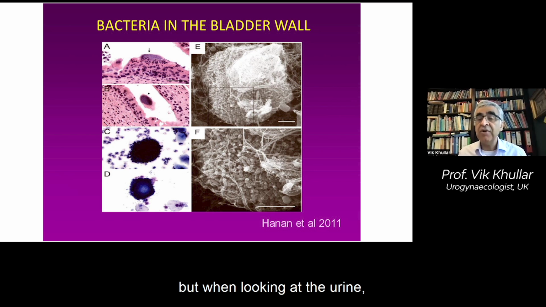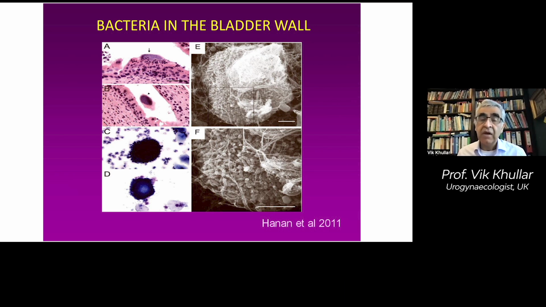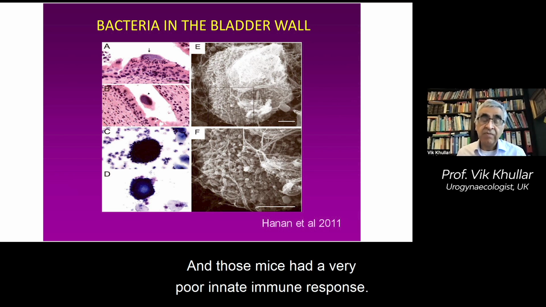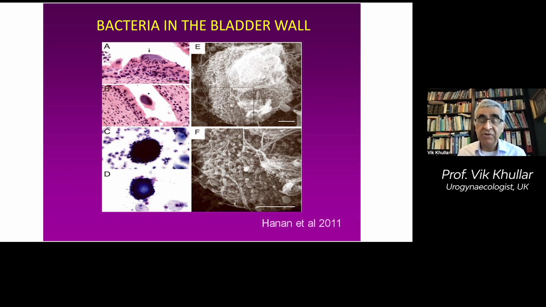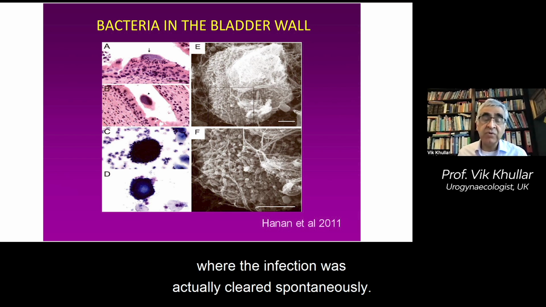But when looking at the urine, there were a lot of bacteria in the urine, but the bladder was not inflamed in the slightest. And those mice had a very poor innate immune response. And then there was a middle group of mice where the infection was actually cleared spontaneously.